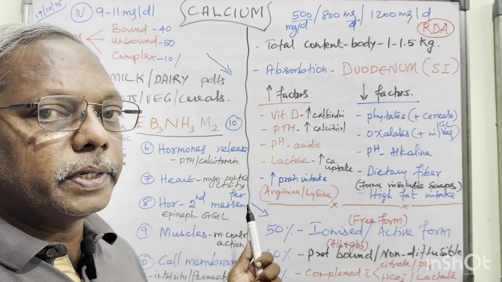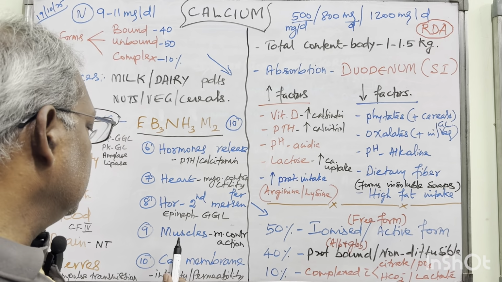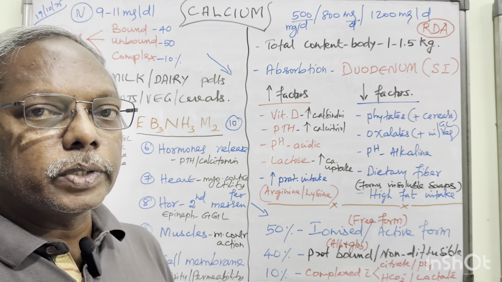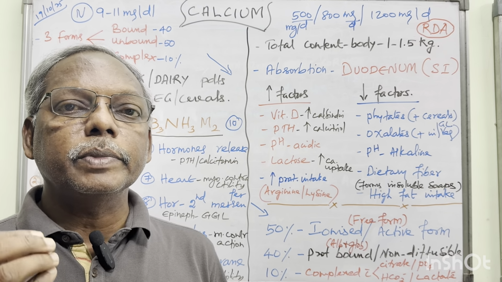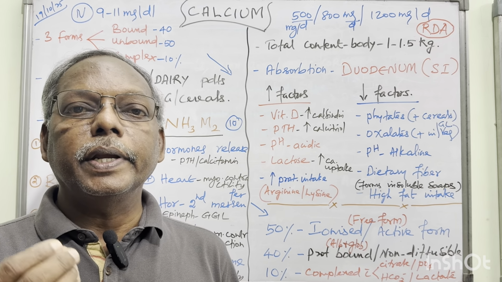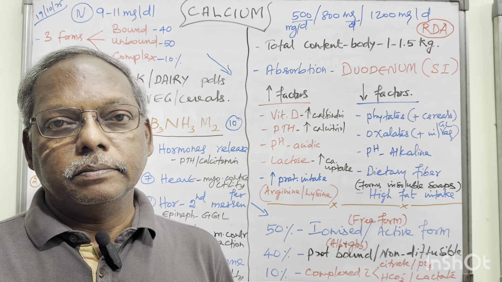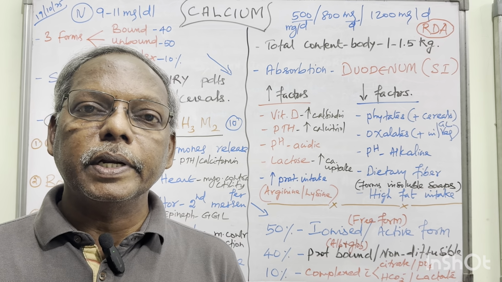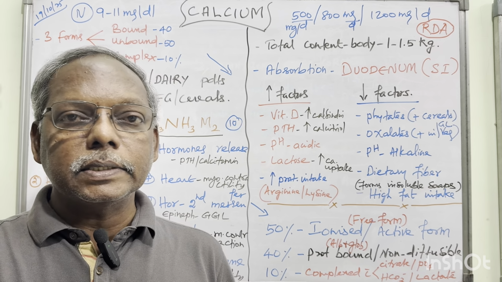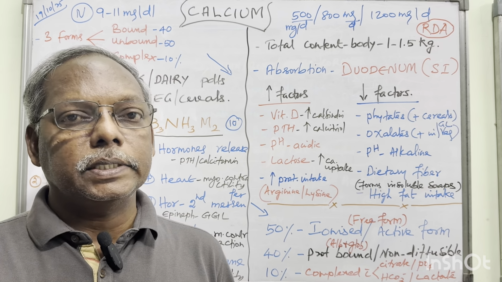This point is a very, very important MCQ. The next one is muscular contraction, which also needs calcium. The last one is integrity. Cell membrane permeability and integrity are maintained by calcium, right? So for the maintenance of integrity and permeability of the cell membrane, what is the mineral? Like that, some MCQ questions, the answer is calcium.